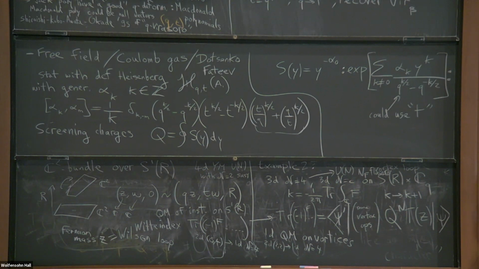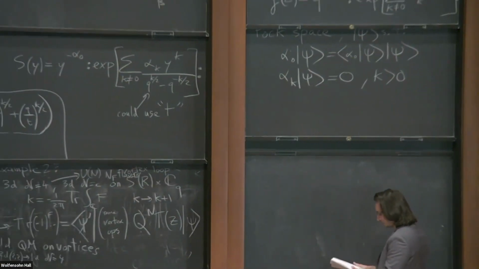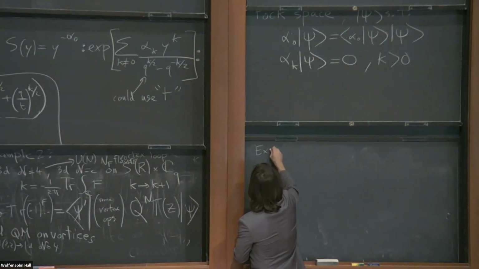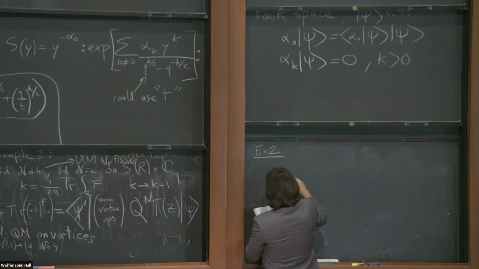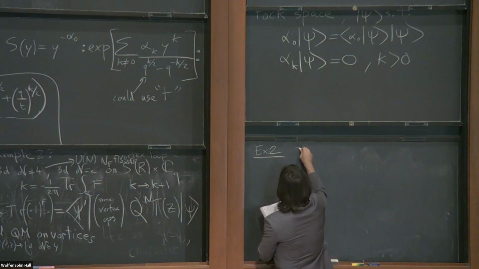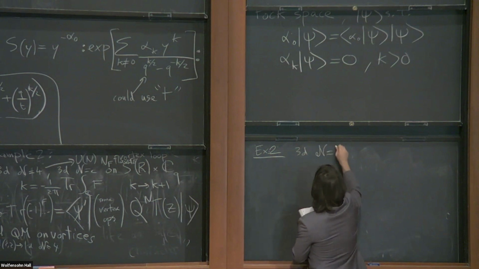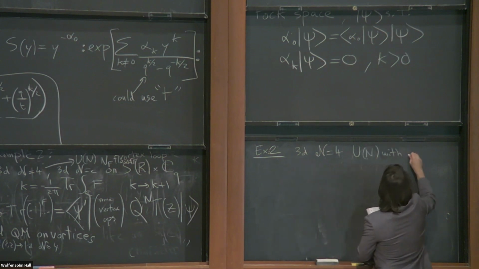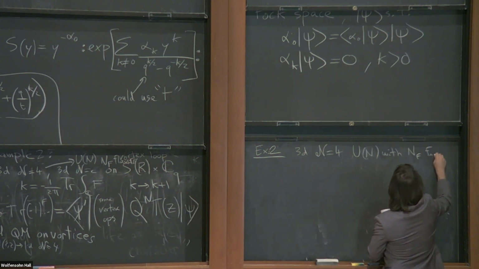So maybe let me just give you the precise dictionary and I'll end here. In this context, I'll end with this example too: 3D N=4 U(N) with N_F fundamentals.